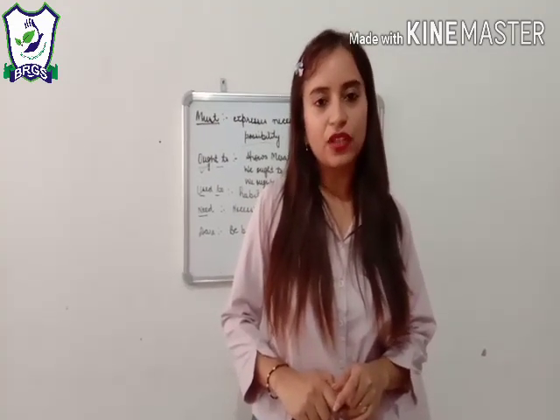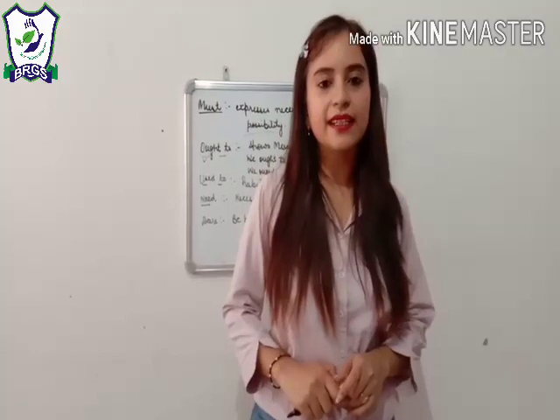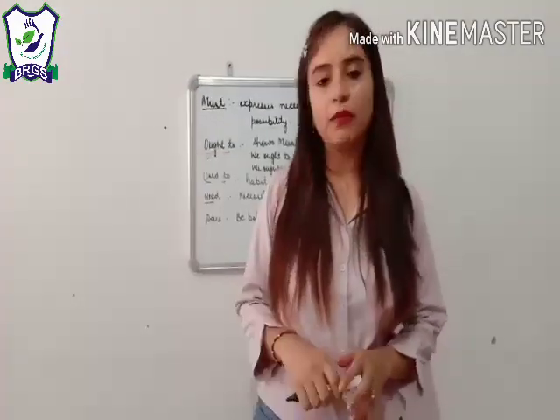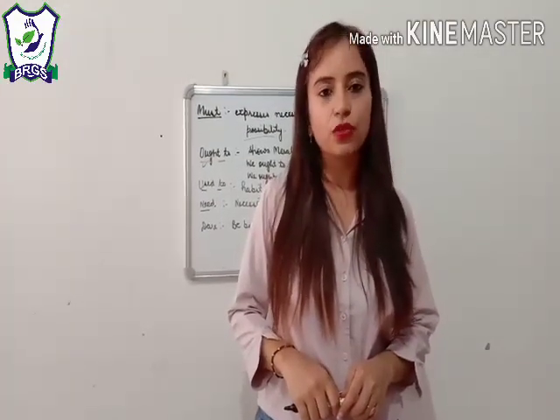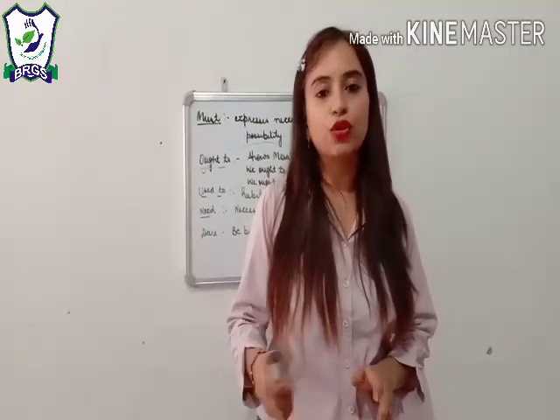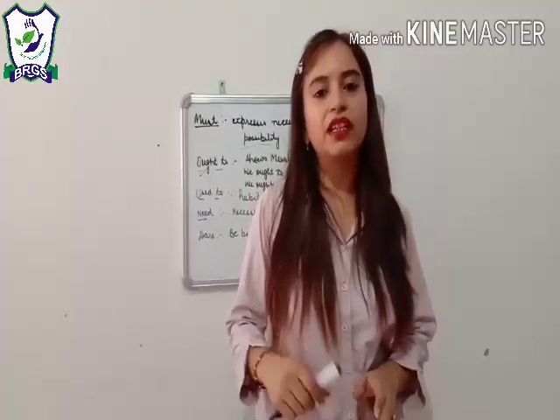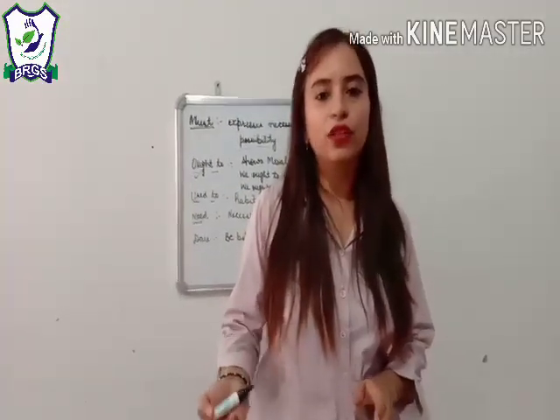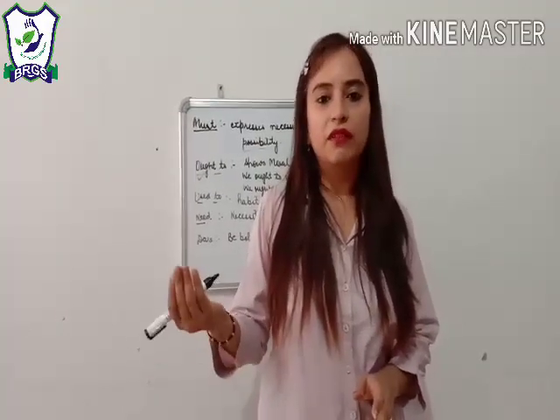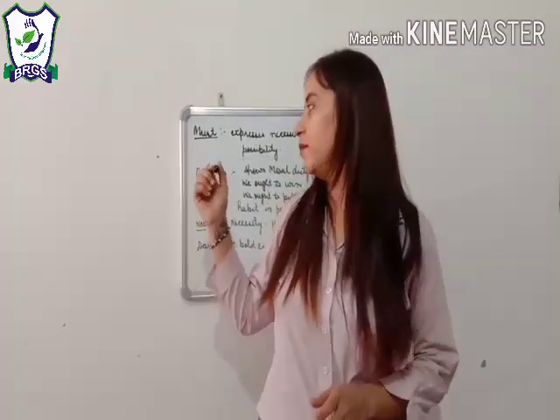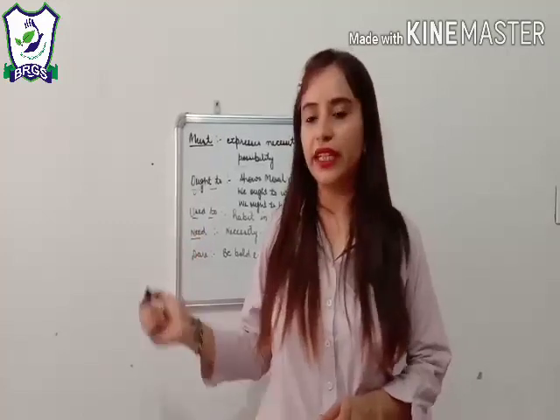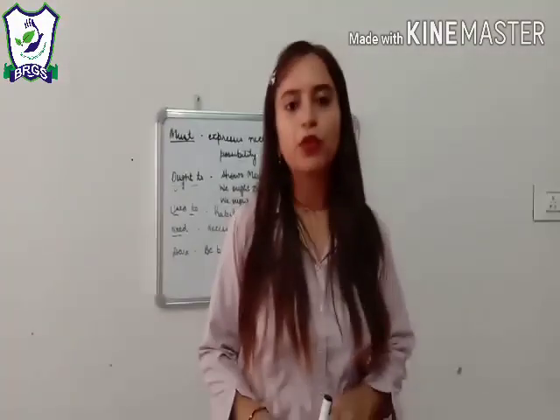Primary auxiliaries are used in tenses, whereas these modal auxiliaries are there to show our attitude. So we have learnt may, might, can, could, should, will, shall, must, and ought to, used to, need, and dare. I hope you have understood.